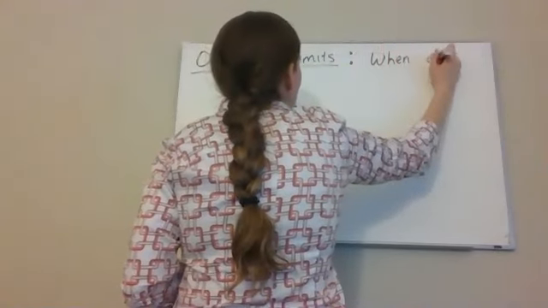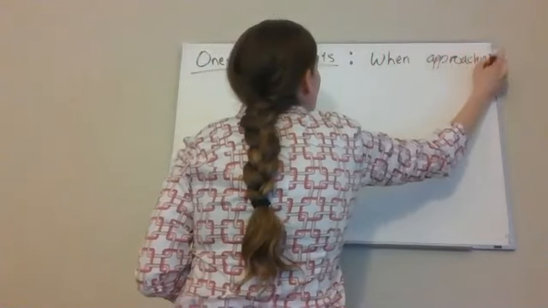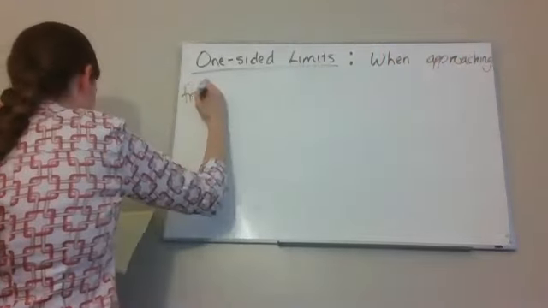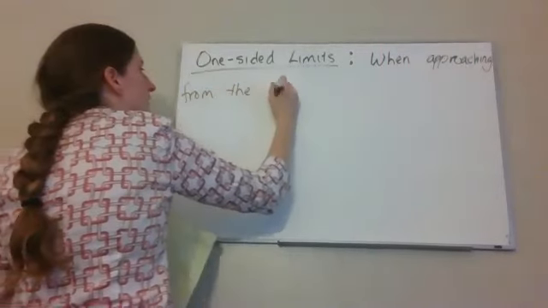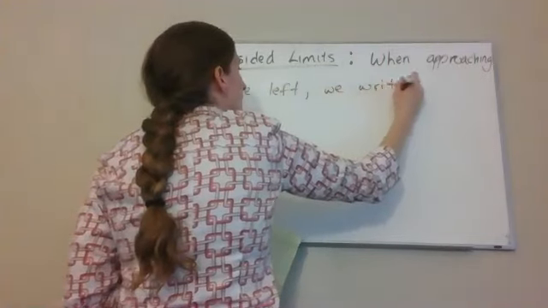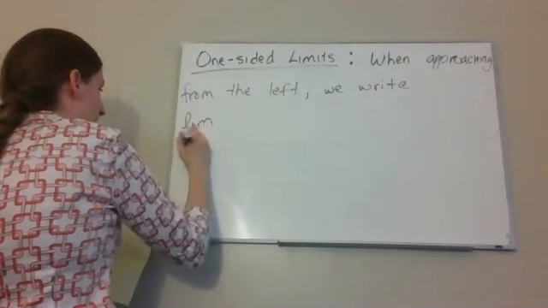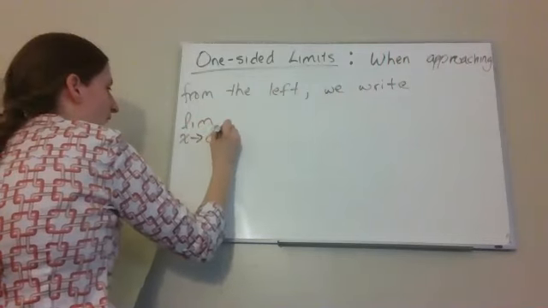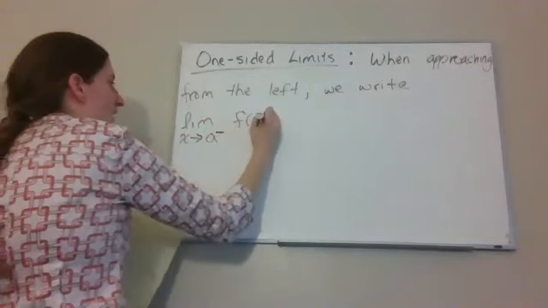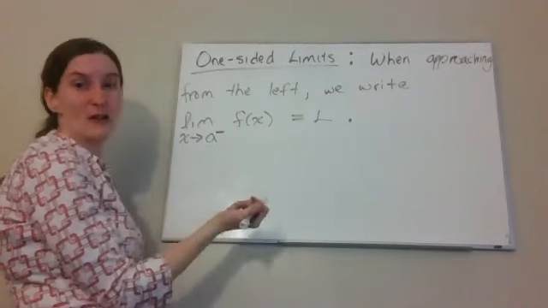So when we approach it from the left, we write that the limit as x approaches a from the left side of f of x equals L. So this little minus sign that I have that looks like an exponent on my a, it's not actually an exponent.